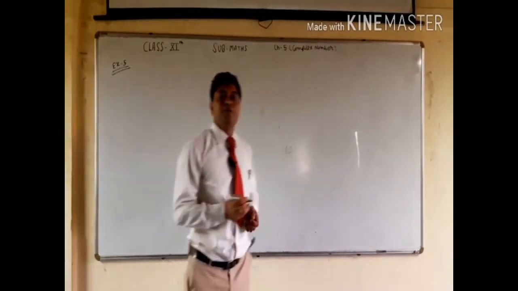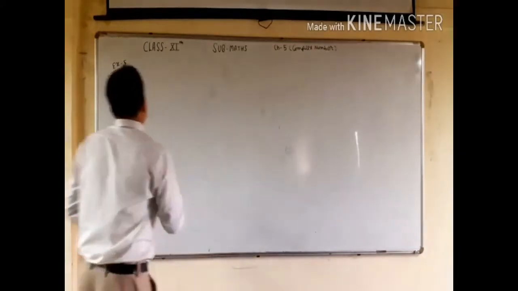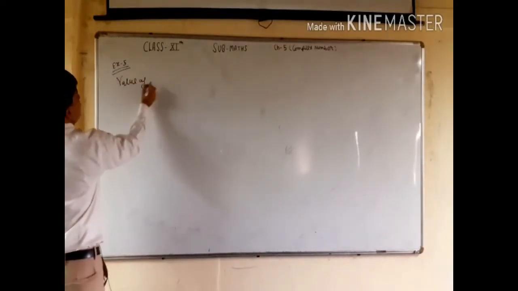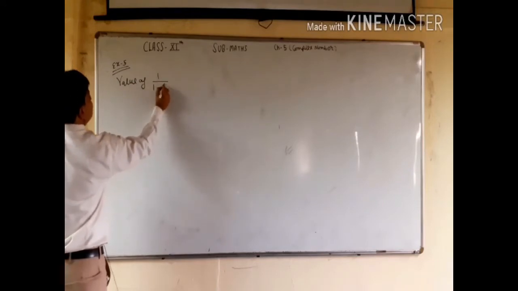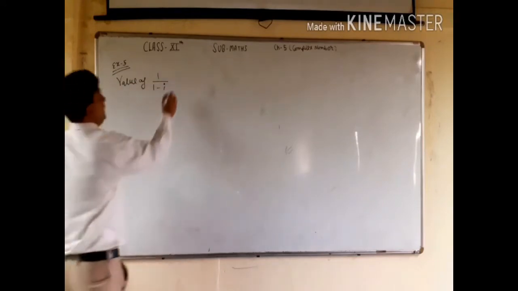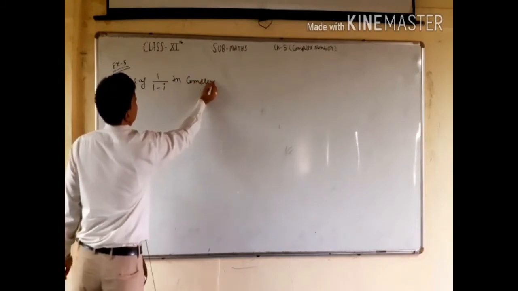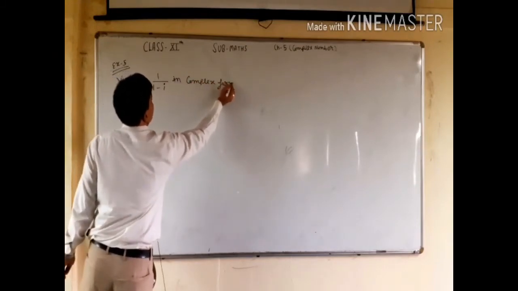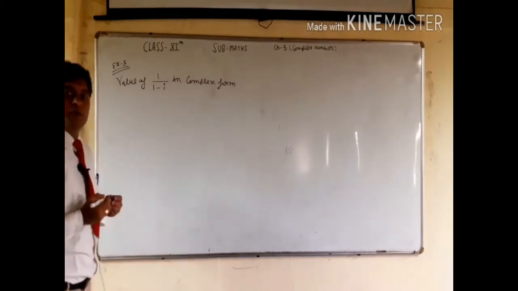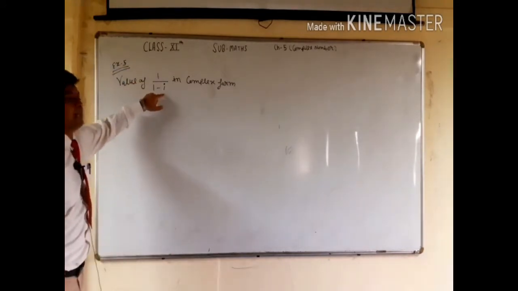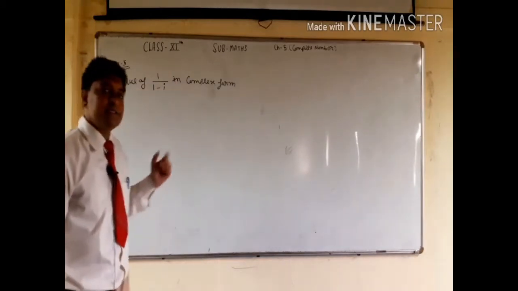Now we find the value of 1 upon 1 minus iota in complex form. Okay students? Now we find the value of 1 upon 1 minus iota in complex form.